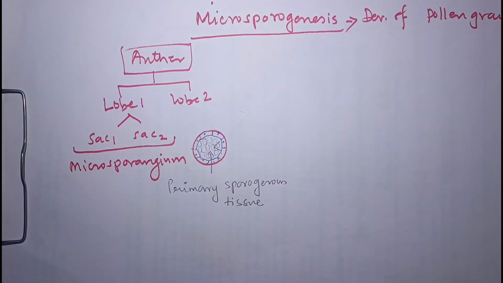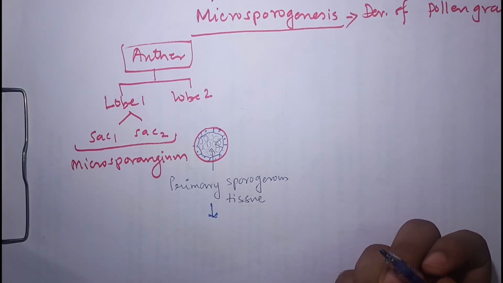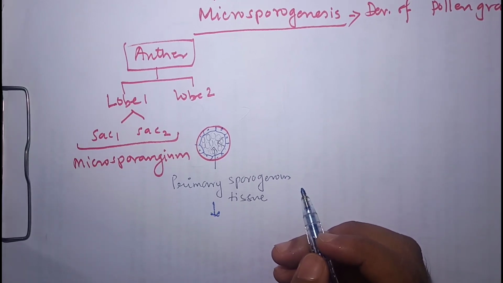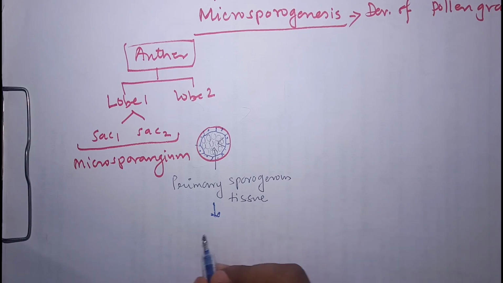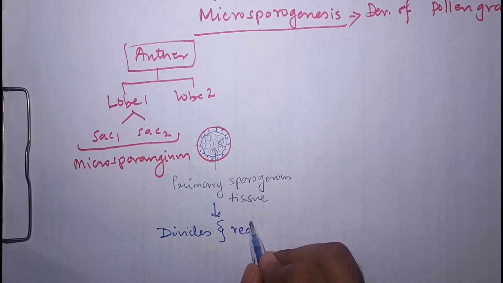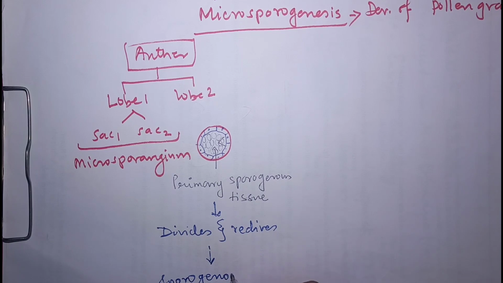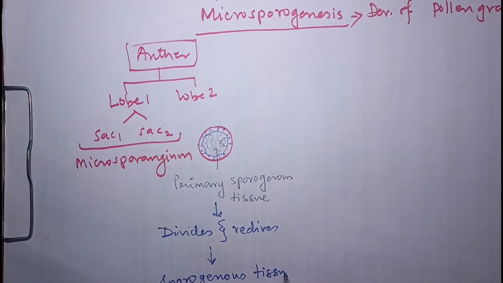This primary sporogenous tissue keeps on dividing, so I'll write divides and redivides to form sporogenous tissue.